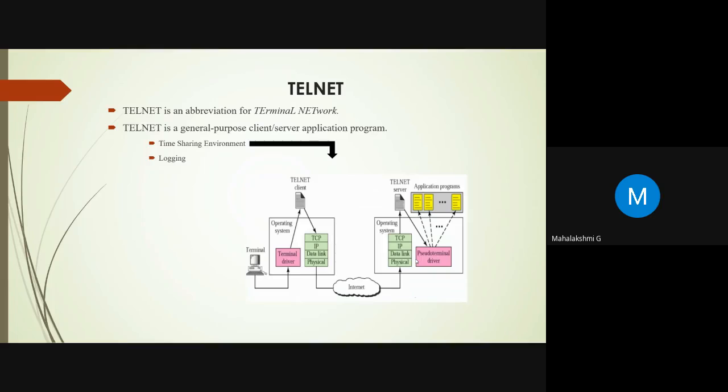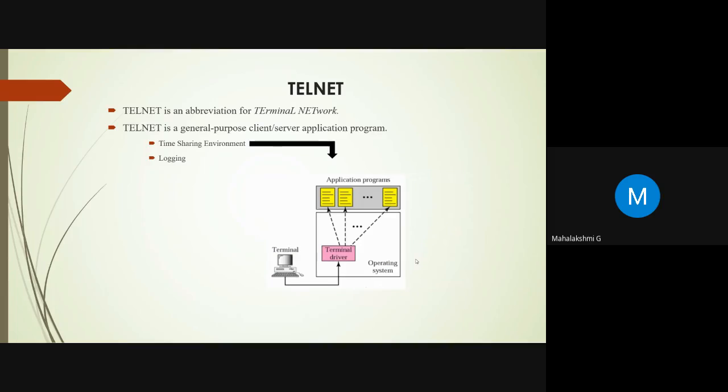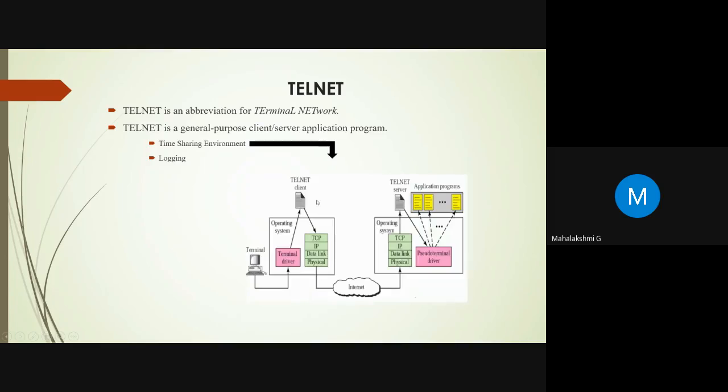At your site, the characters are received by your terminal driver, and then sent to the operating system. It will interpret and invoke the application program. But this is not the case in remote. When you want to access a program at a remote site, as I told you, this is handled by a telnet client and telnet server.